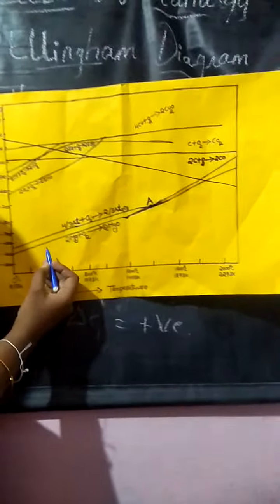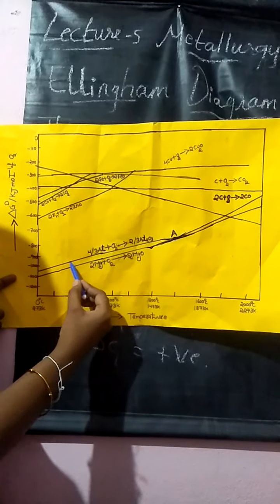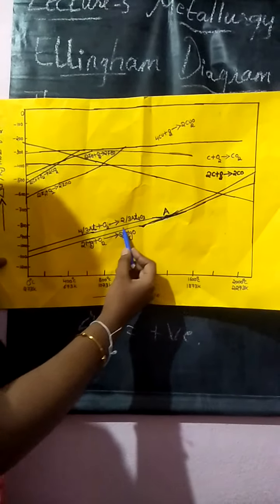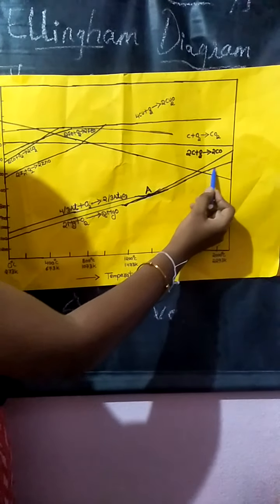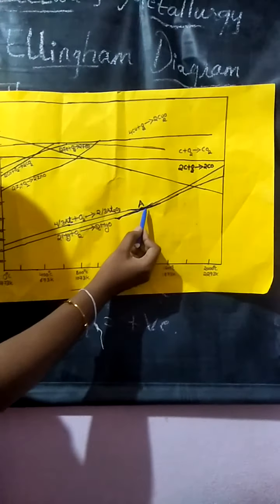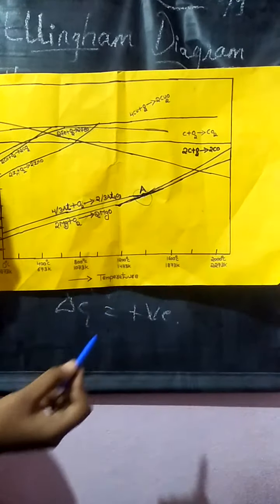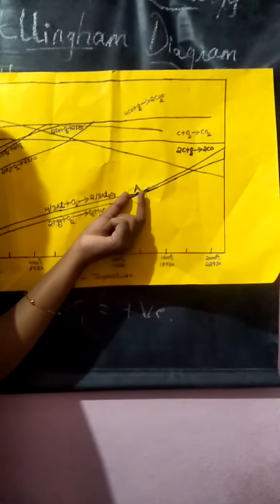If you see the plot of aluminium, it is going with a straight line, and then it is bending again, and it is going like this. So this bending of the line shows that there is a phase change.